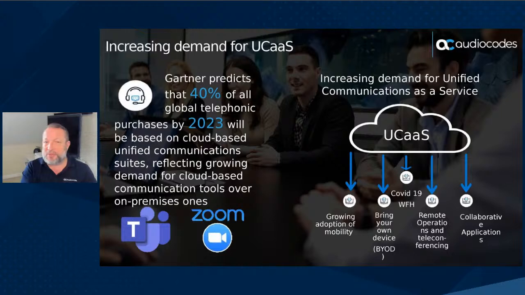There's the growing adoption of mobility, being able to work from any location, mostly from home, plus the business continuity and backup solution for communications, all wrapped into that one solution. With the collaborative capabilities of UC as a service, it's no surprise that it's a growing business area. So if you're not already doing this, this is something you really need to look into and invest in within your organization, because it's not going away.